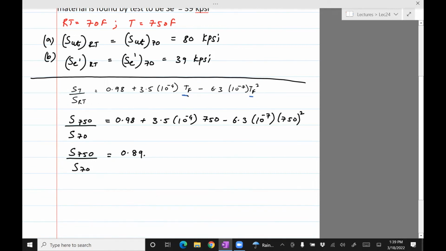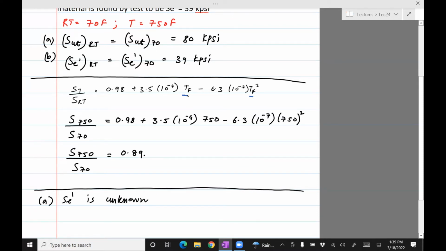Okay, so we've done the first part. Now let's do cases A and B. SE prime is unknown.